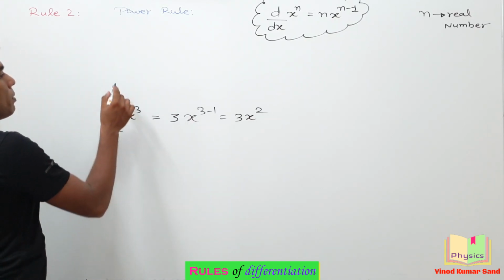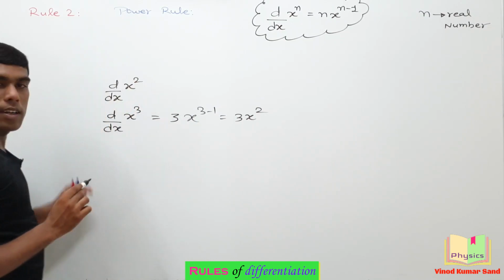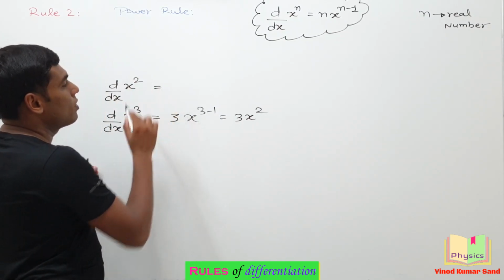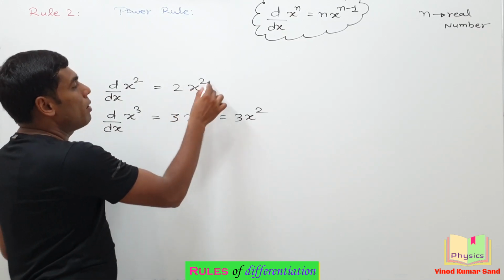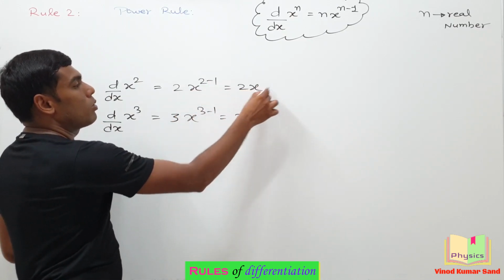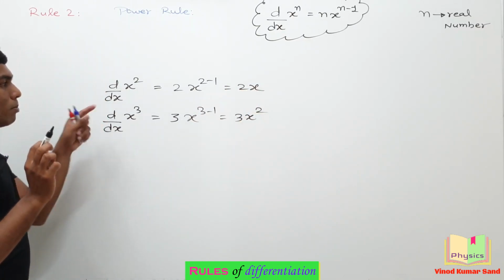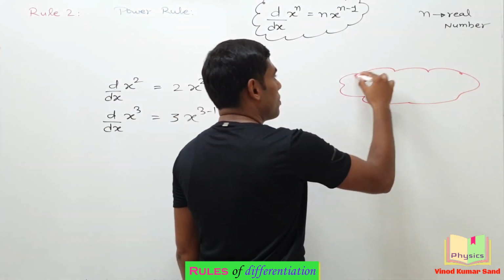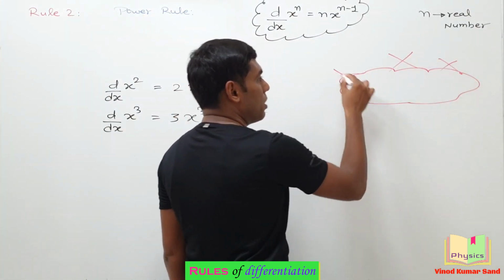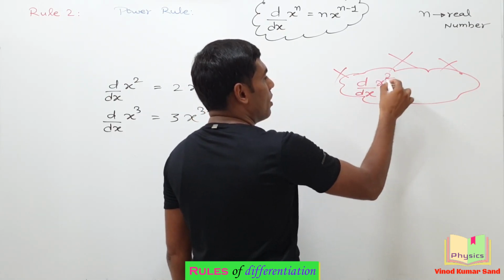Taking few more examples. Suppose if I ask you d by dx of x square, then what should be your answer? Post your answer in comment box. Answer should be 2x to power 2 minus 1, which is equal to 2x. Few students might do a mistake here. Pay attention. This is actually wrong. You should not be doing this mistake. D by dx of x square.